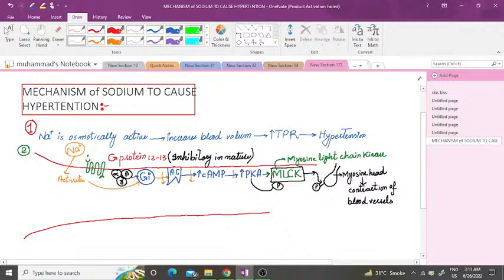protein kinase A activity will be inhibited, and when protein kinase A activity is inhibited, the myosin light chain kinase will not be phosphorylated.